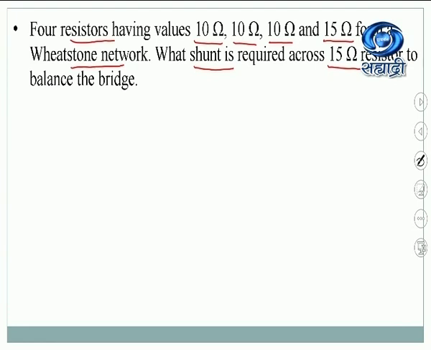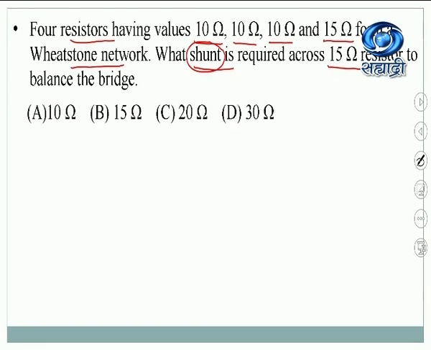Now we know what is a Wheatstone network. What is asked? What shunt is required? Remember, what is the meaning of shunt? Shunt is a low resistance connected in parallel. So what shunt is required across the 15 ohm resistor to balance the bridge? That is what is asked.